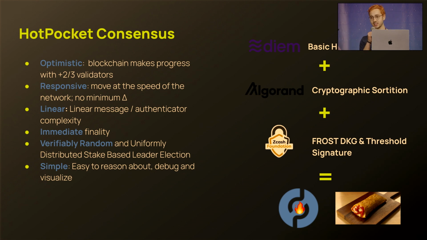And one of the other things that we need is a distributed key generation and threshold signing library. We're still exploring a few different options from a few different frameworks, but we're currently leaning towards using FROST, which is being researched by the Zcash Foundation. Now, you take all of those different ingredients, you mix them together, and that is how we serve you HotPocket consensus. It is hot, it is blazingly fast, and that's what happened to me when my hair caught on fire while working at home.